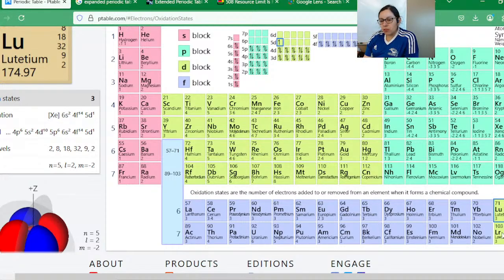So I think officially, at least characteristic-wise, lutetium and lawrencium fit better under the D block, but electron configuration-wise, notice that you filled up the entire F orbital on lutetium. So there's debate again, right?